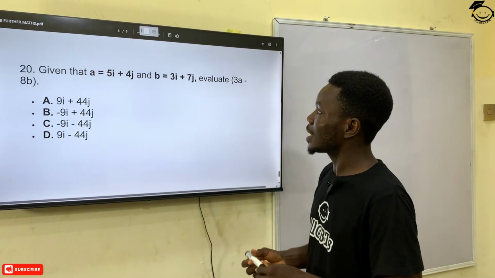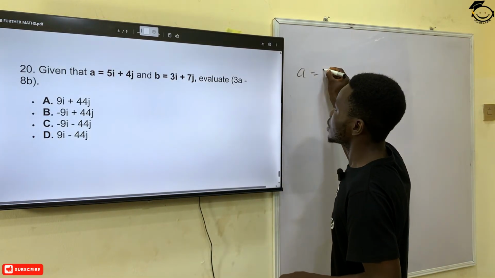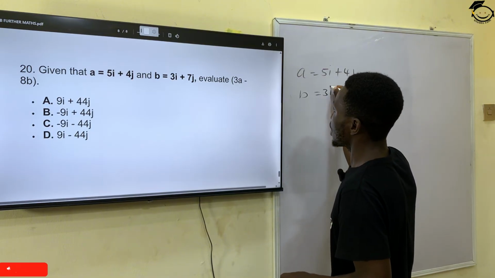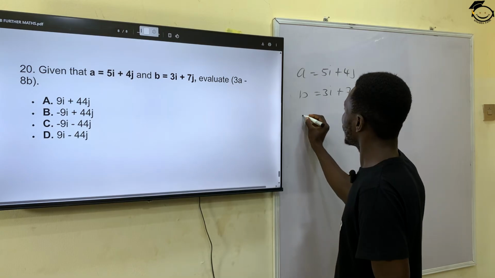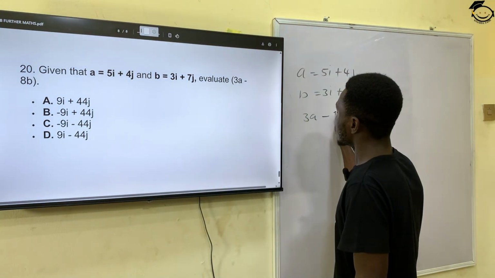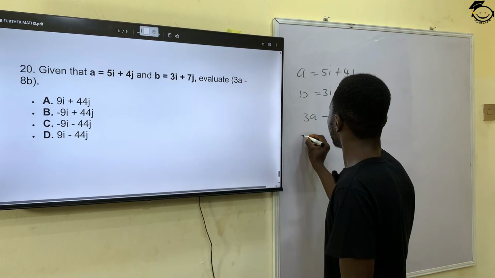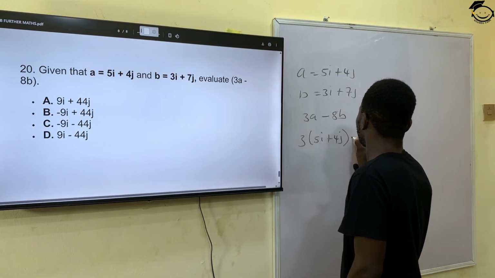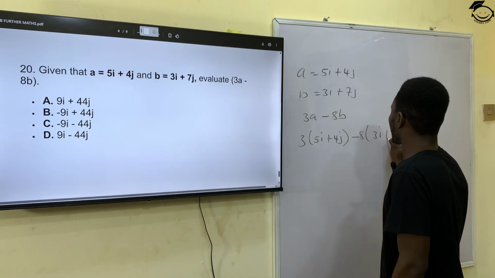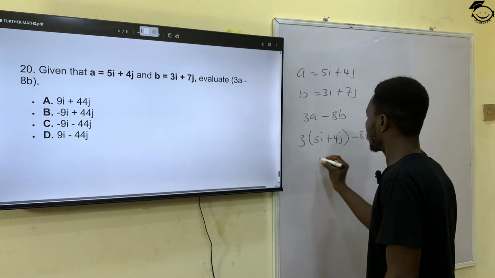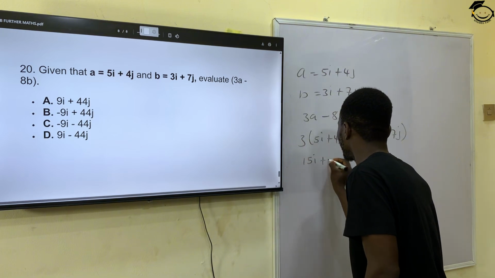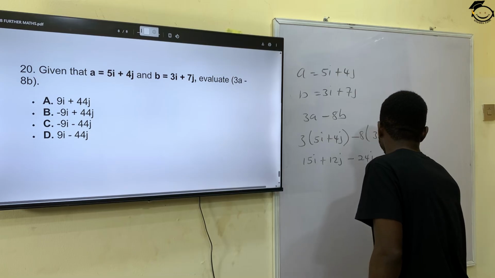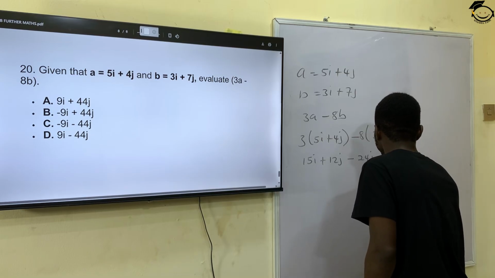Question number 20 says, given that A is 5i plus 4j and B is 3i plus 7j, evaluate 3A minus 8B. So this will give me 3 open bracket 5i plus 4j minus 8 open bracket 3i plus 7j. That will give me 15i plus 12j minus 24i minus 56j.